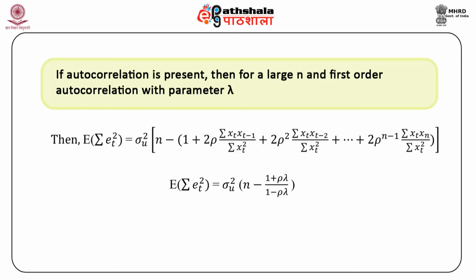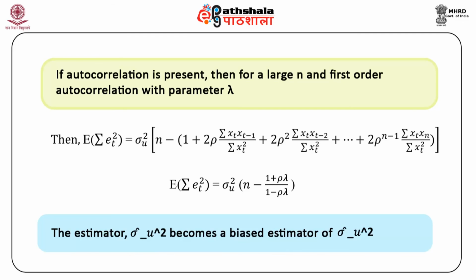Then the expected value of sigma et squared is equal to sigma u squared into n minus 1 plus rho lambda upon 1 minus rho lambda, in which case the estimator sigma u hat squared becomes a biased estimator of sigma u squared.